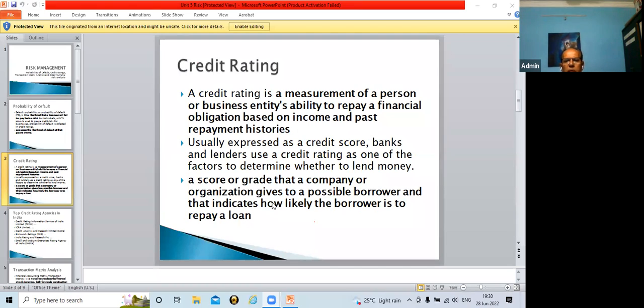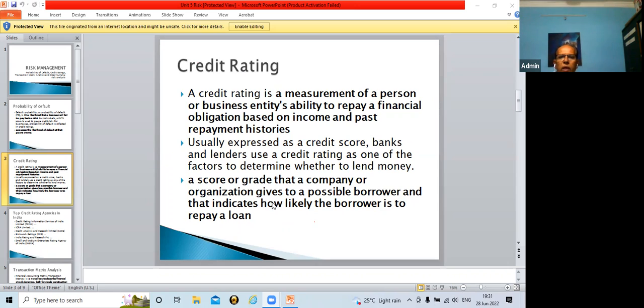So whenever a company collects an amount from investors in the form of debentures or bonds, such a company will have to evaluate their performance through an agency. And there are some agencies in India which conduct assessment of a company, and on the basis of the assessment, they give some symbol to such companies, and that symbol indicates something.